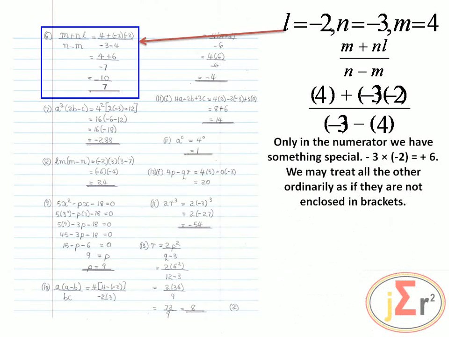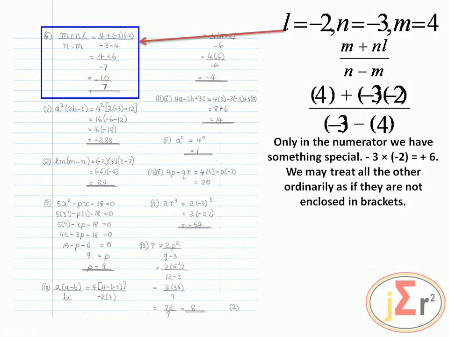Only in the numerator we have something special, which is the product of a negative times a negative. So negative 3 multiplied by negative 2 is equal to positive 6. We may treat all the others ordinarily as if they are not enclosed in brackets.